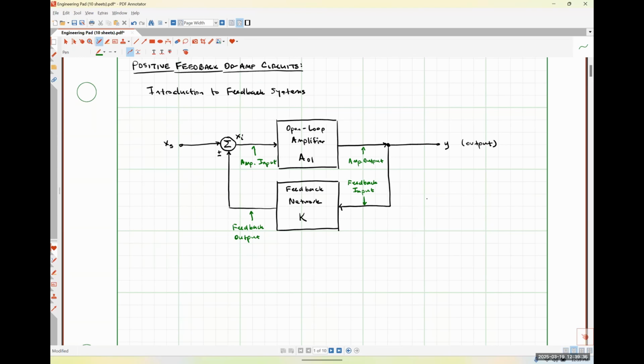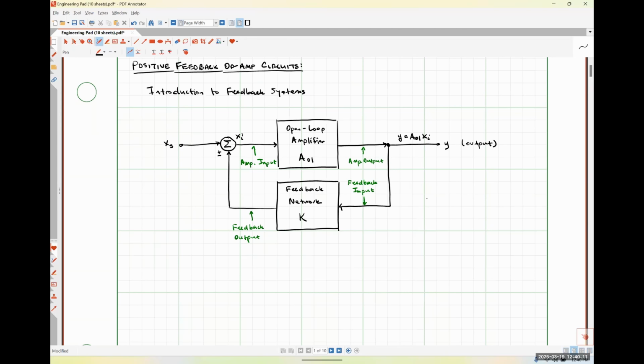Okay. So let's start by looking over here on the output side of things. And I know it might seem like a little bit of a weird place to start, but it'll make sense here in a moment. Okay. So our output signal Y is going to be A_OL times my amplifier input signal X sub I. Okay.